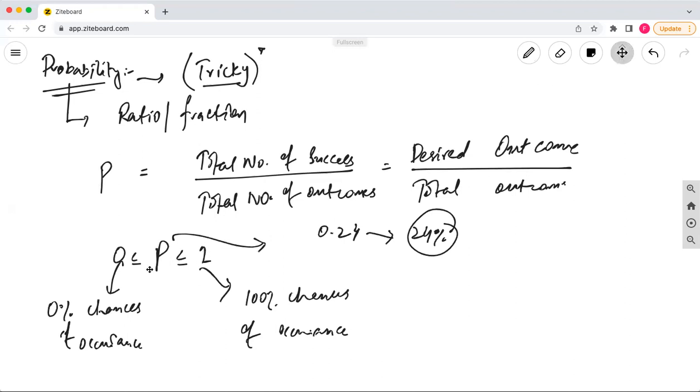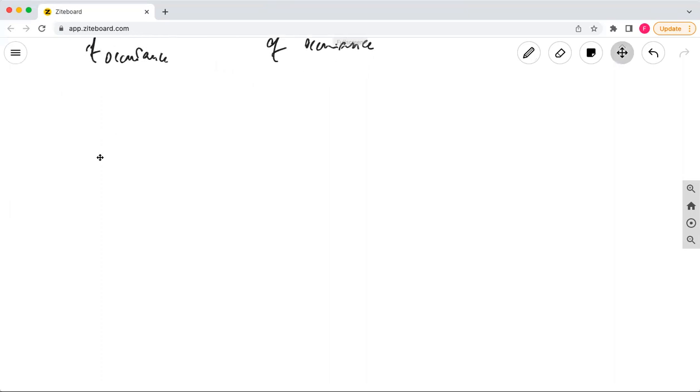Just to get started, let's see a very basic example. For example, if someone rolls a fair dice, we will see afterward what is a fair and unfair dice. A person rolls a fair 6-sided dice once. Let's make it very simple.